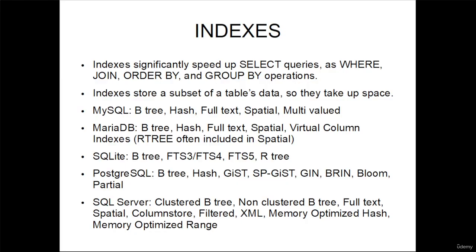Postgres: B-tree, hash, GiST, SP-GiST, GIN, BRIN, bloom, partial. SQL Server: clustered B-tree, non-clustered B-tree, full text, spatial, column store, filtered, XML, memory optimized hash, memory optimized range.